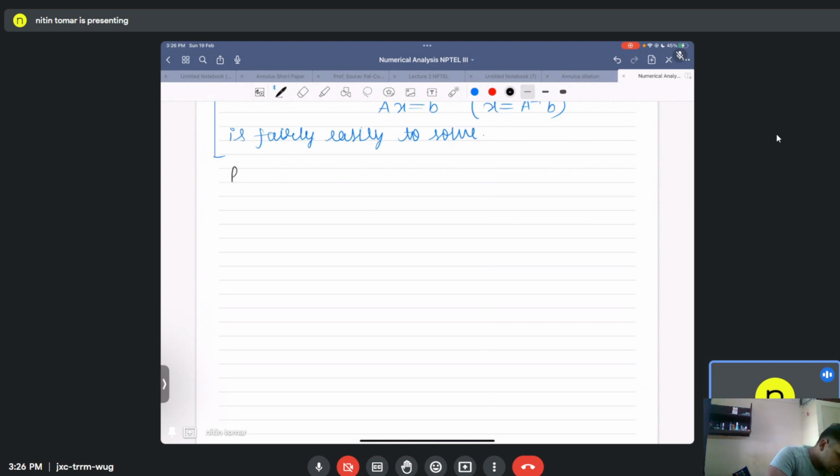So, a remark actually. Not every matrix is diagonal or triangular, right?